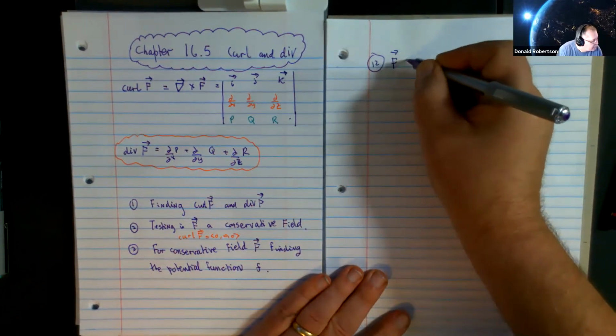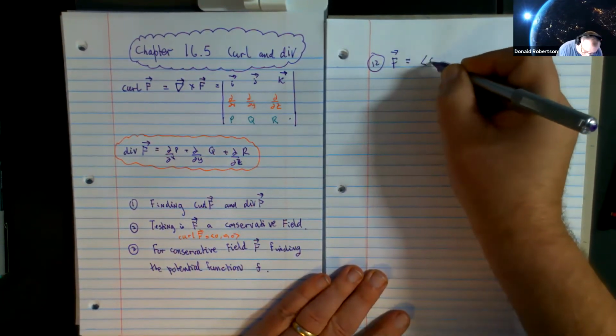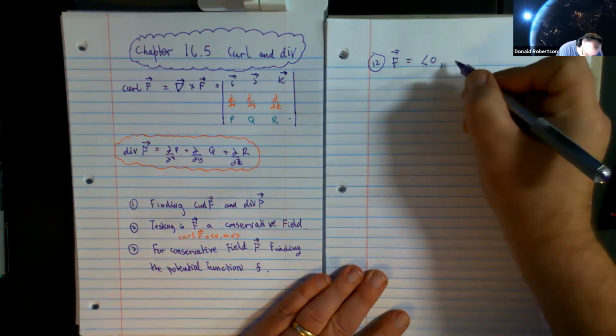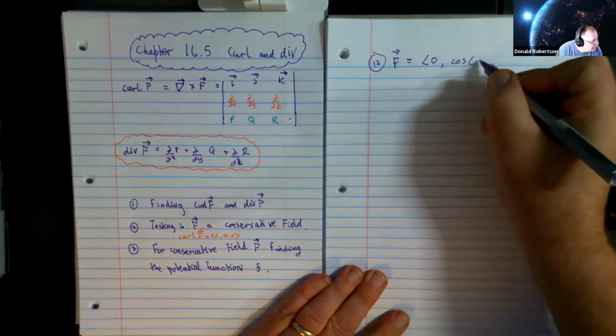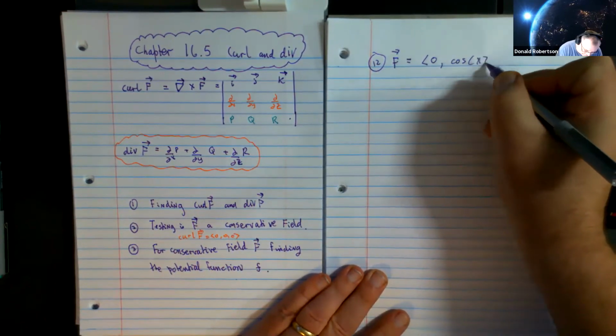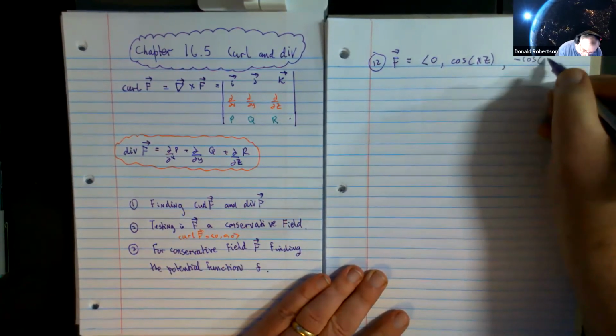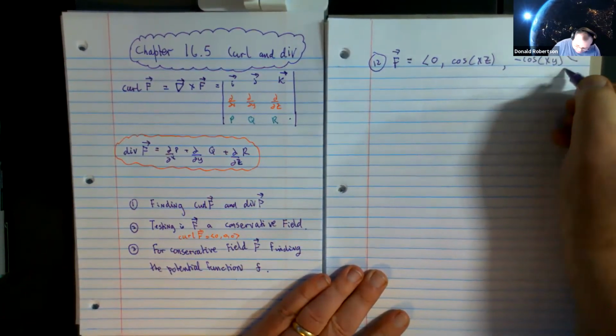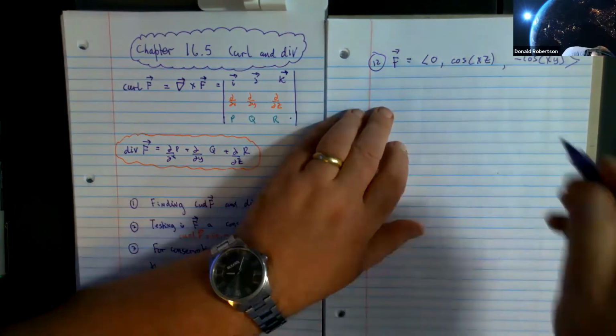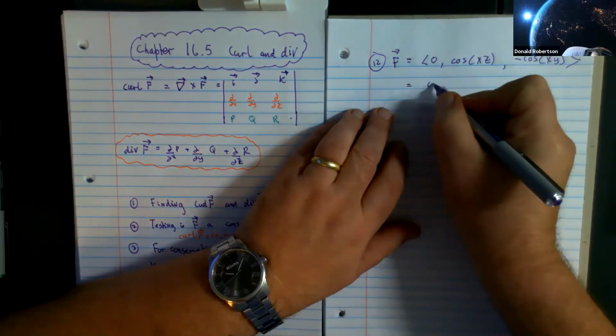It's got a 0. It's got a cosine of xz, and it's got a negative cosine of xy. And actually, that is not how it is written.